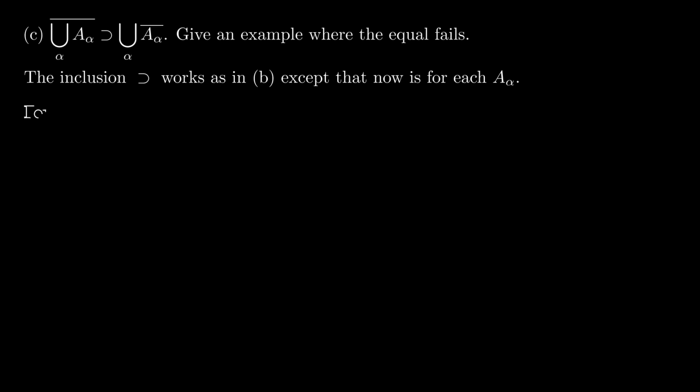For each alpha prime, A sub alpha prime is a subset of the union of all A alphas. Therefore, its closure is a subset of the closure of the union, and so the union of the closures is a subset of the closure of the union.